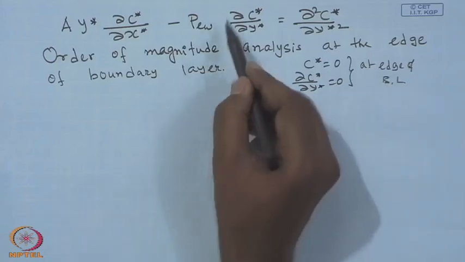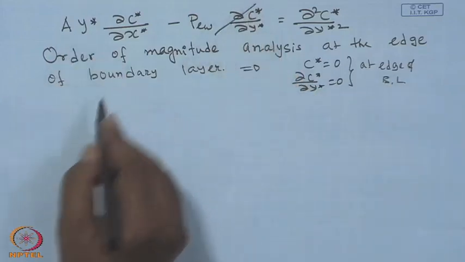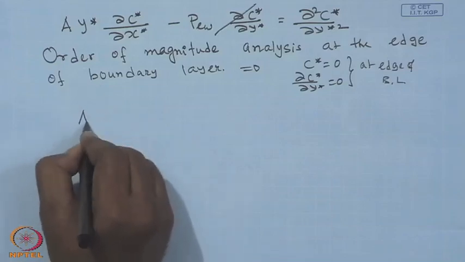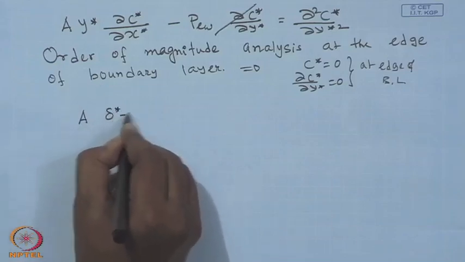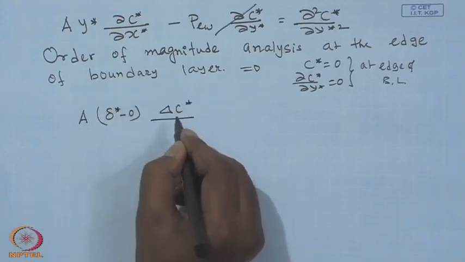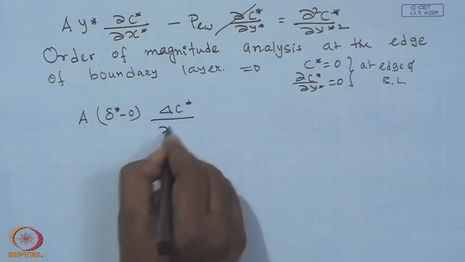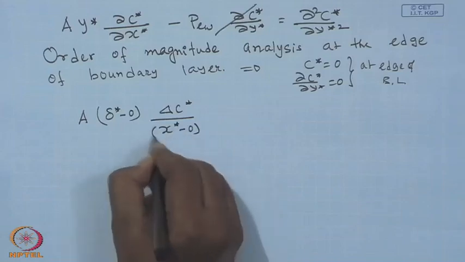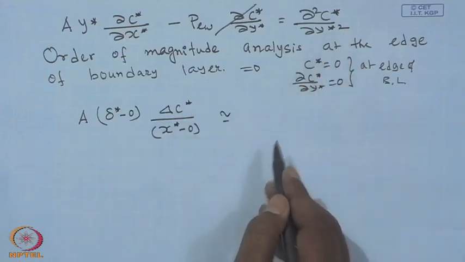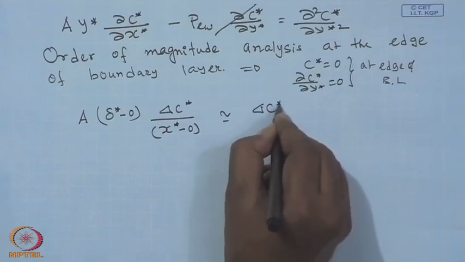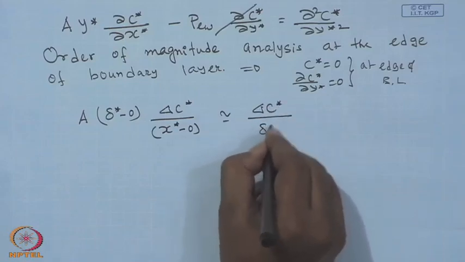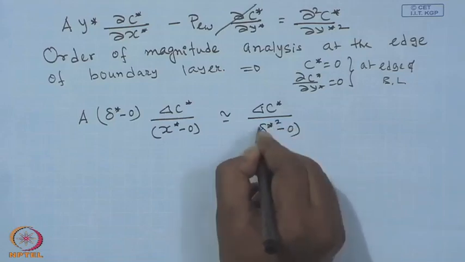So this term will be off, and y star will be delta star minus 0. Del c star is delta c star, and del x star is nothing but x star minus 0. This will be roughly del square c star, which is of the same order of magnitude as delta c star, and del y star square is nothing but delta star square minus 0.